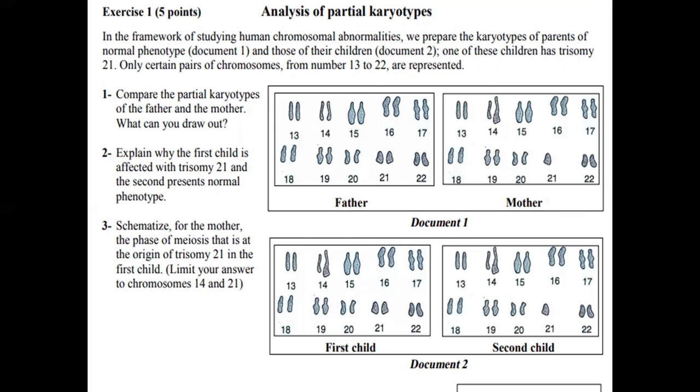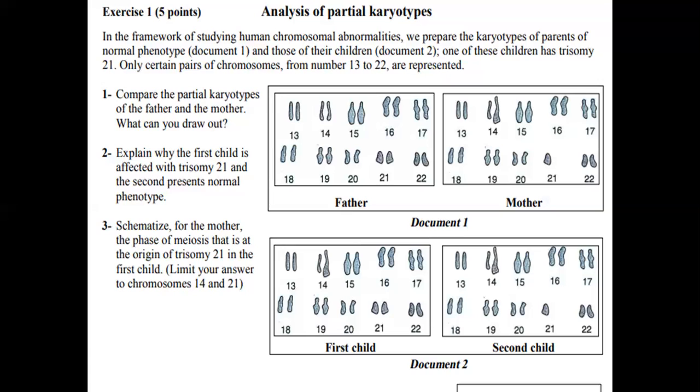Only certain pairs of chromosomes, from number 13 to number 22, are present, so they get a part of the karyotype. That's why they said partial karyotypes. So they give only the pairs from 13 to 22 for the mother and father in document 1, and the first and second child in document 2.